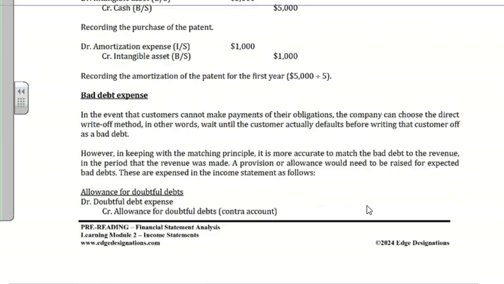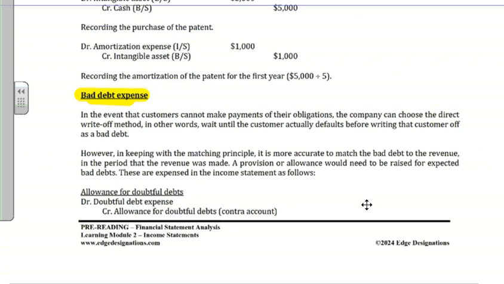Okay, something new. A bad debt expense. What's a bad debt expense? A bad debt is if I am owed money, I've got an accounts receivable balance, I've got an outstanding loan to a fellow company, a fellow individual, and they don't make payment on that. That's called a bad debt expense. But what if they haven't actually not paid?